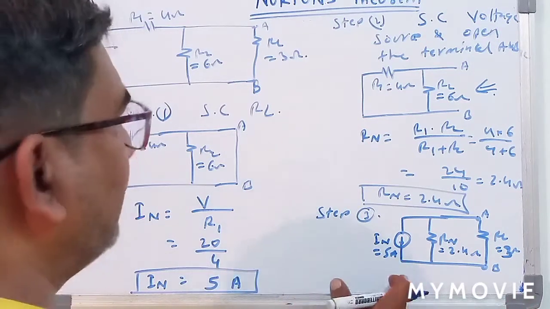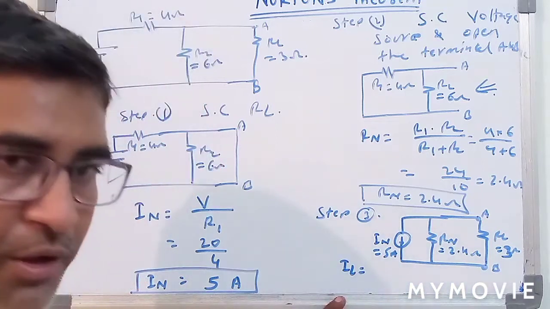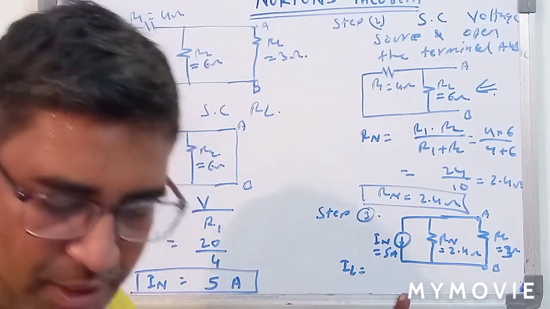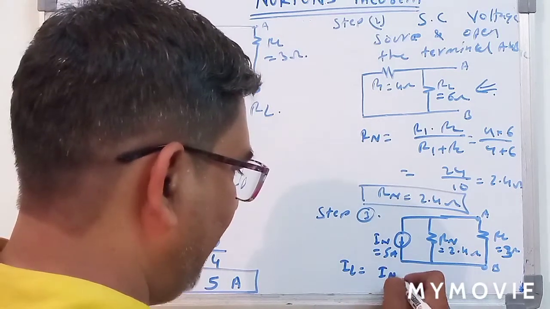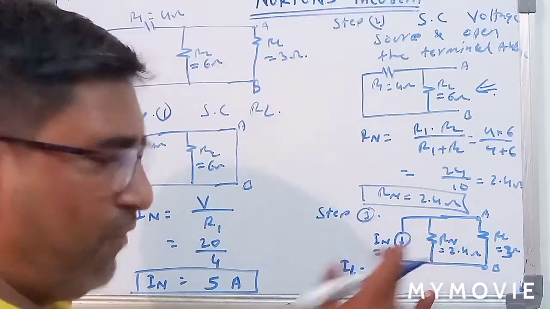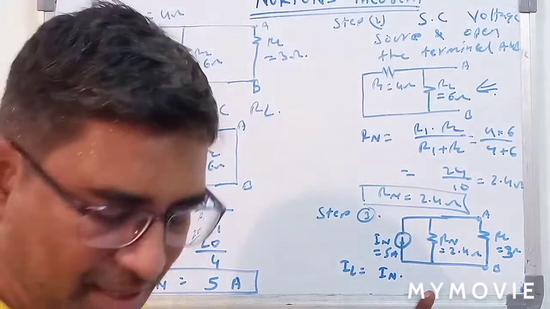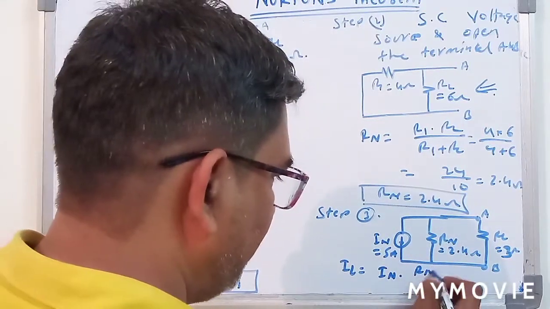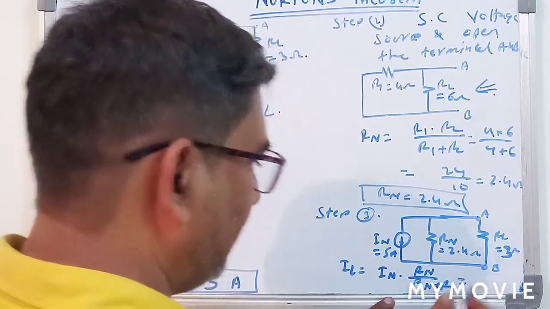We have to find out the value IL, the load current. The load current in this circuit is IN multiplied by what remains? Only RN and RL remain. That is, RN divided by RN plus RL.